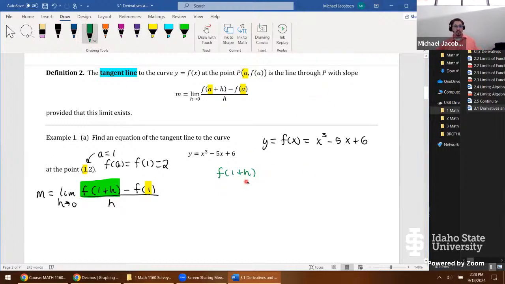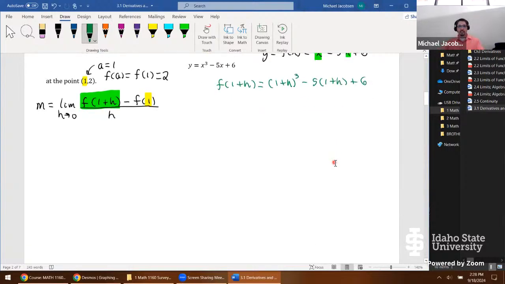We're using function notation, and in function notation, the 1 plus h would go here and here. It's unfortunate that the power is 3, but in the web assigned homework, I had a hard time finding an exercise with the power 2. So we're doing one very similar to the homework. So if that's power 3, this all turns into 1 plus h cubed minus 5 times 1 plus h plus 6.